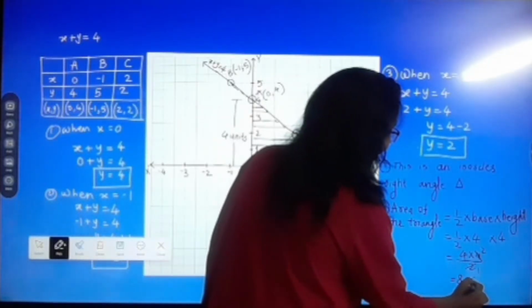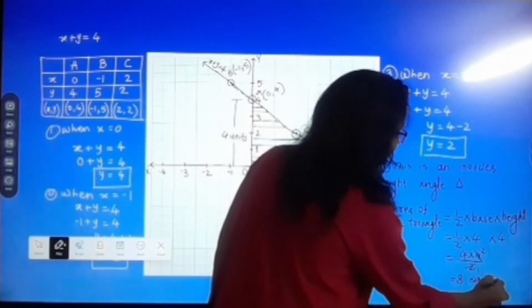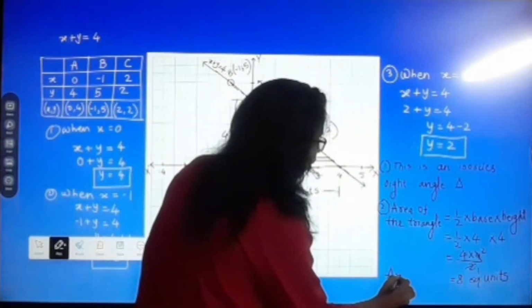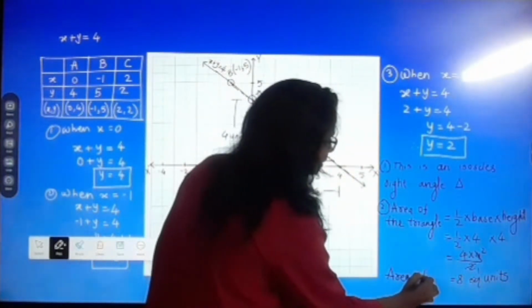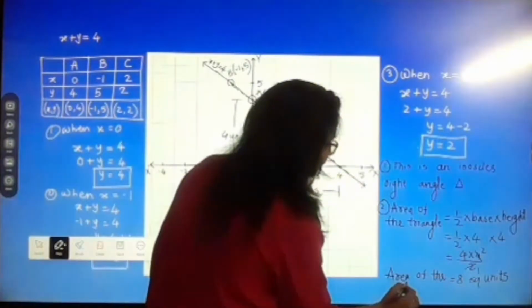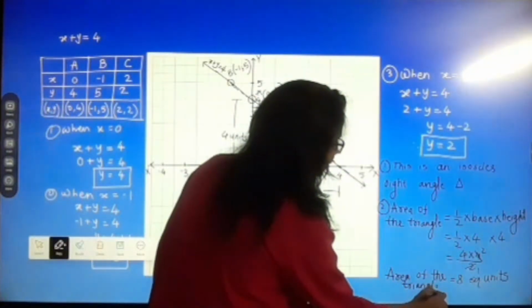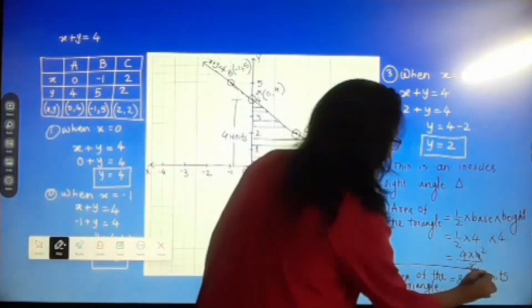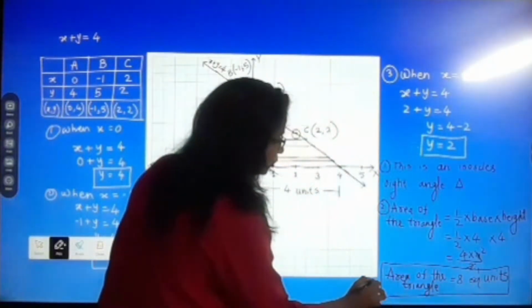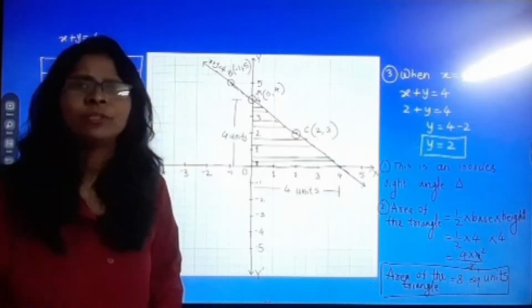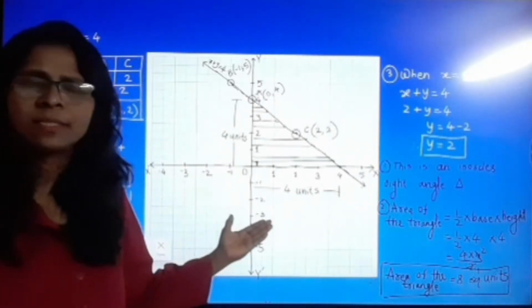So here 8 square units. Okay, so here area of the triangle is equal to 8 square unit.